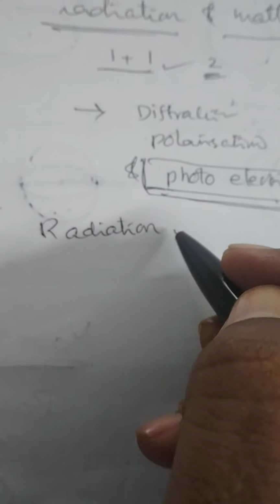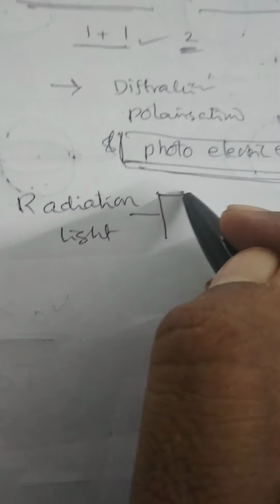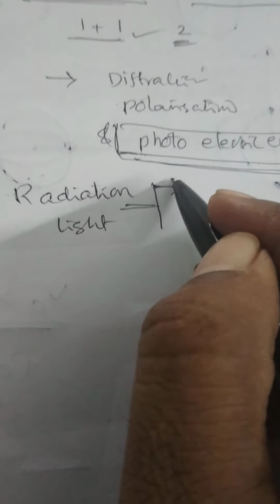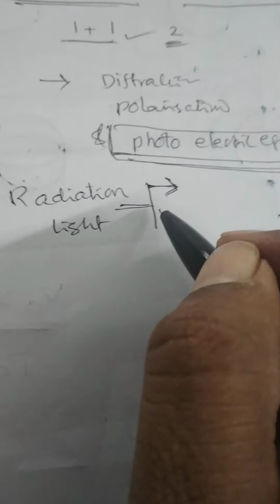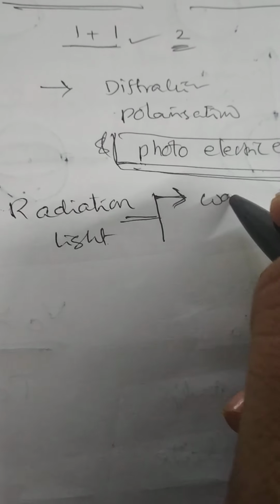Dual nature of radiation. Radiation means light. Again, in case of interference and also diffraction or polarization, light will be treated as wave nature.